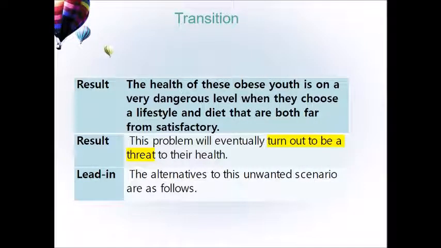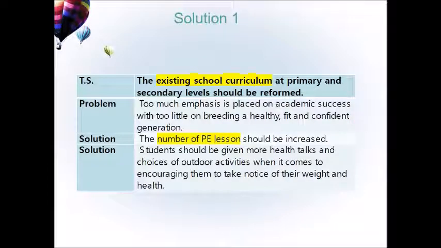Now, after talking about the reasons, I think we should move on to the transition, because this transition is really important, because it acts as a lead-in for the solution. So I emphasize the seriousness of this issue because I say that it turns out to be a threat. So the first solution is to modify the existing school curriculum, like increasing the number of PE lessons.